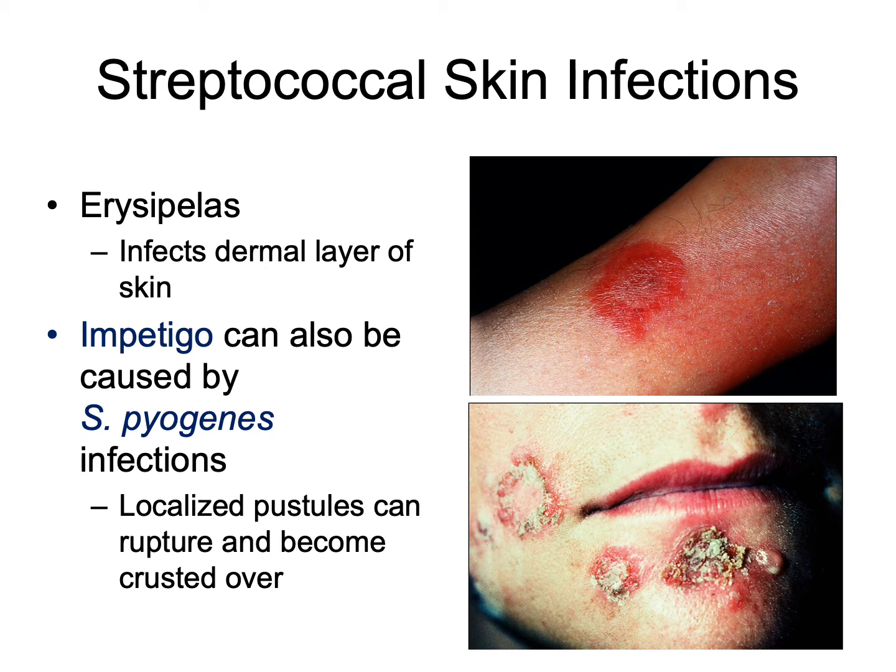And again, it causes those crusty, ruptured rashes to occur around the mouth, the nose. There can be pustules that rupture and be crusty. And it looks very similar to Staph aureus infections that occur.